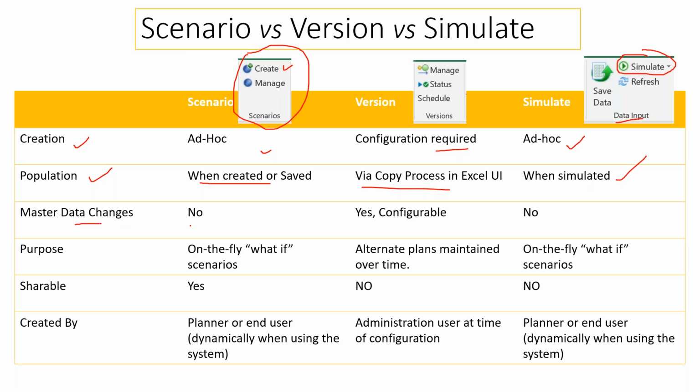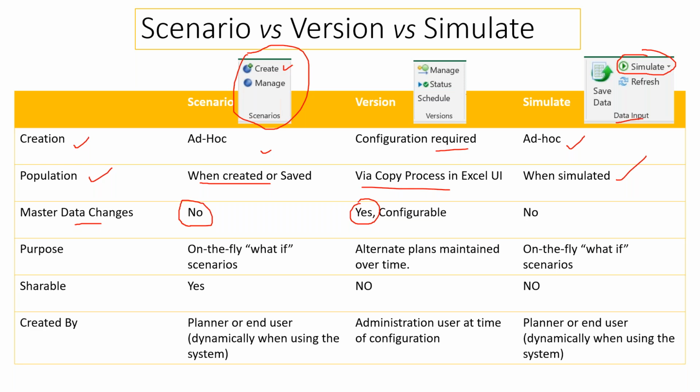Master data changes, no, in the scenario you cannot change a master data value. If you change a master data value, that means you're changing it for the entire planning scope. But whereas with a version, you can change a plan master data value only for that one particular version.